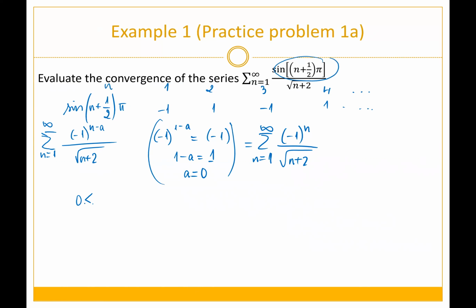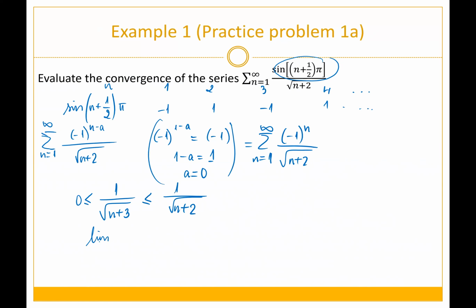So you have the n plus 1 term, which is the positive part, going to be 1 over square root of n plus 3. And you know that because the denominator is always bigger, you're always going to have a decreasing function. This term is going to be smaller than this one.